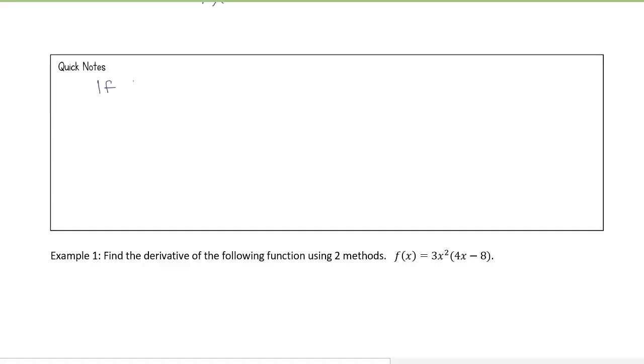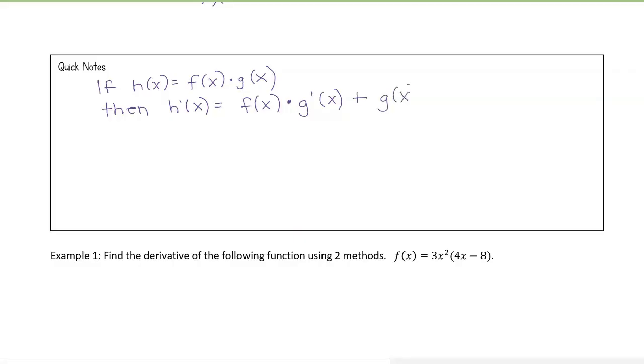So if h of x equals f of x times g of x, then the derivative, h prime of x, is going to be the first function f of x times the derivative of the second function plus the second function times the derivative of the first function. This is the product rule.